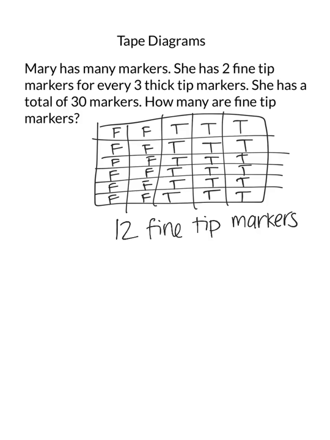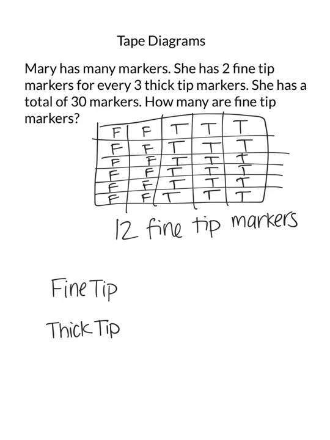So this method here of solving the problem, it works, but there's a lot of writing and drawing involved. So I'm going to show you how to use a tape diagram. To make a tape diagram, I first need to figure out what are the two units that I'm comparing. Well, I'm comparing fine tip markers and thick tip markers. And then I'm going to draw some boxes next to each of these units.